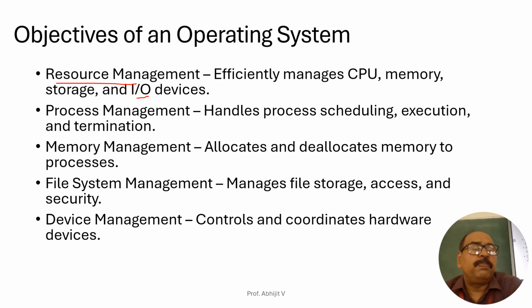Then we have process management. We have multiple processes happening in the operating system, and this management is called process management. You need to arrange time and fix the slots for execution and termination of every process. What is a process? I'll show you in detail as we go on.